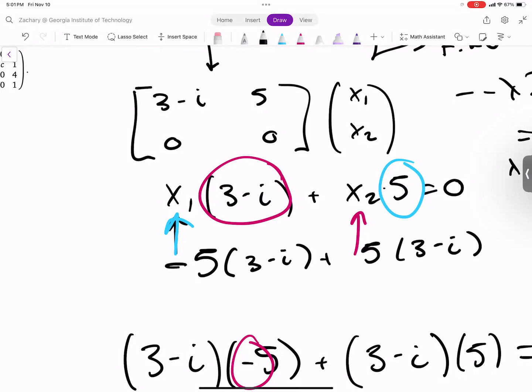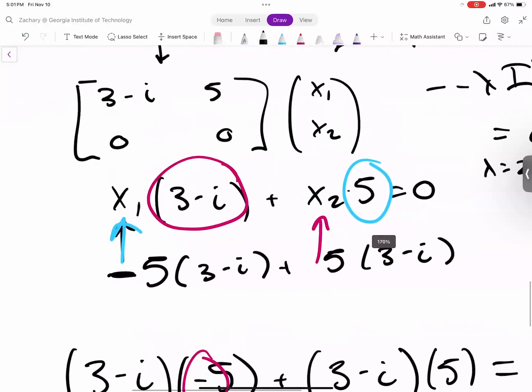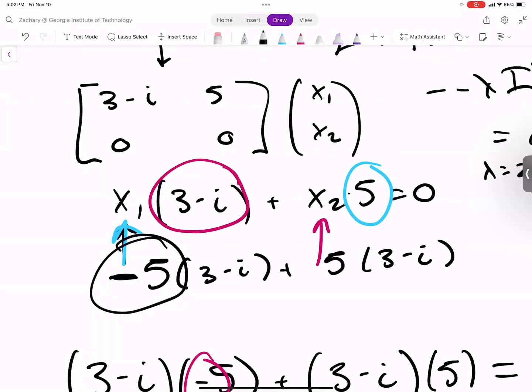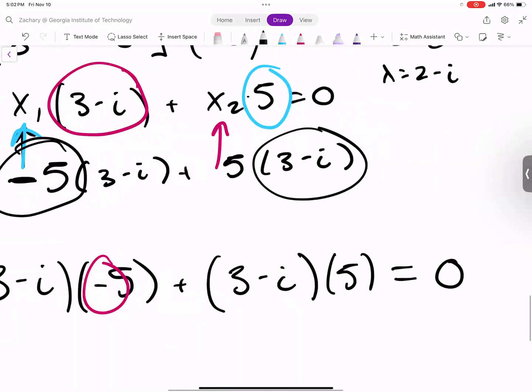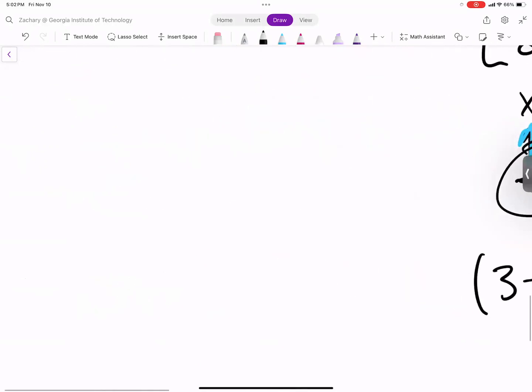What we want instead is for one of these to be negative, so they cancel out exactly, because this is the exact same term. One's a plus, one's a minus, so they cancel out. So that's why I can just pick this as my x1 and this as my x2. Does that make sense? Wonderful. So again, that would result in -5, 3 minus i as our eigenvector, x1 and x2. Cool? All right.